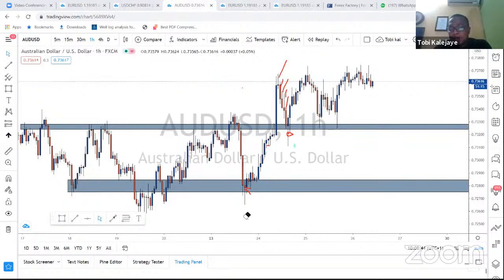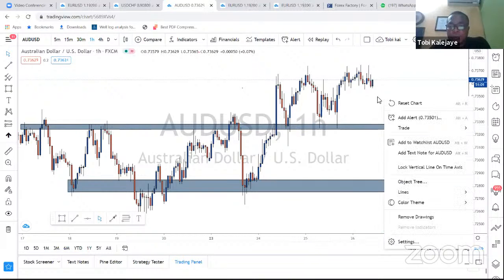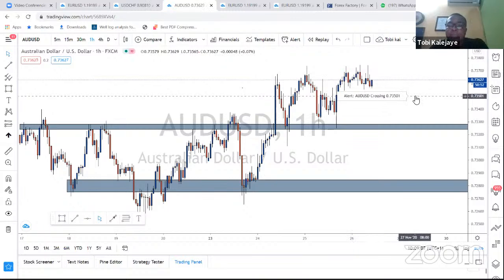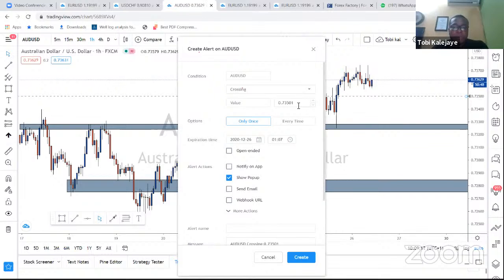The same thing when you are waiting at times, you have to really ensure that you are waiting. This is why, if you check out how to use TradingView very well, you can set an alarm for price. Look at this. You can add an alert. It says when price gets to a certain level, please let me know. Say, for example, I wanted to take a sell from 0.73711.